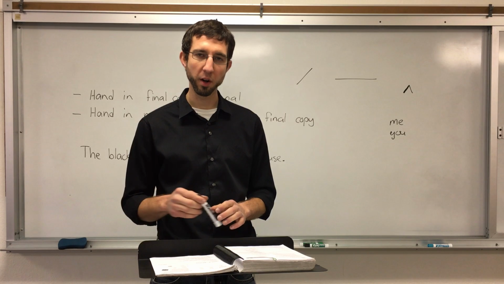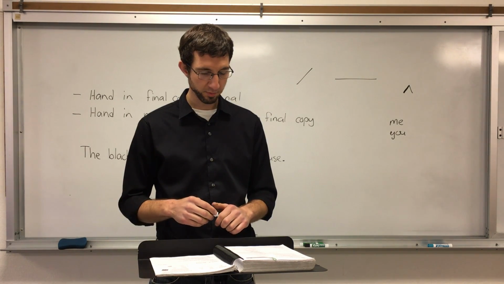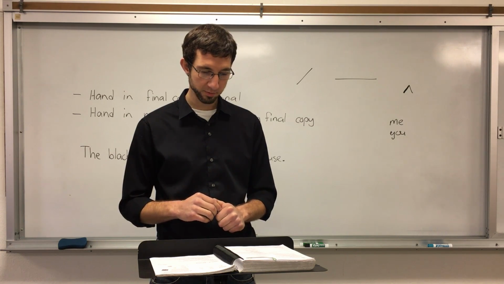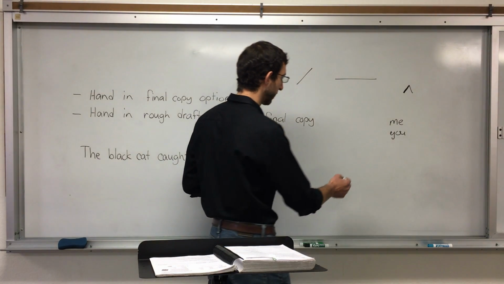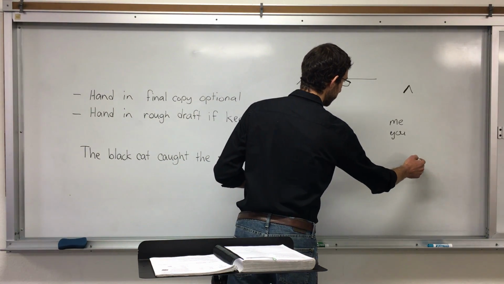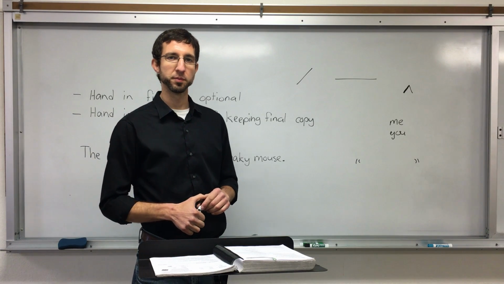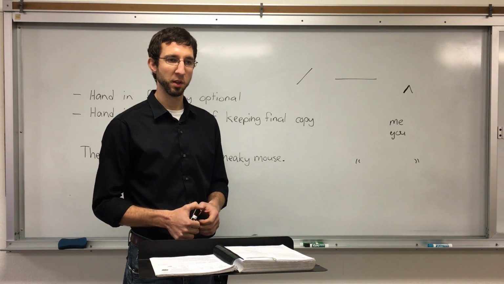Did I use any run-on sentences? Did I put commas where they belong? Did I put quotation marks where they belong? So quotation marks are something your report may not have. And that's okay if you don't.